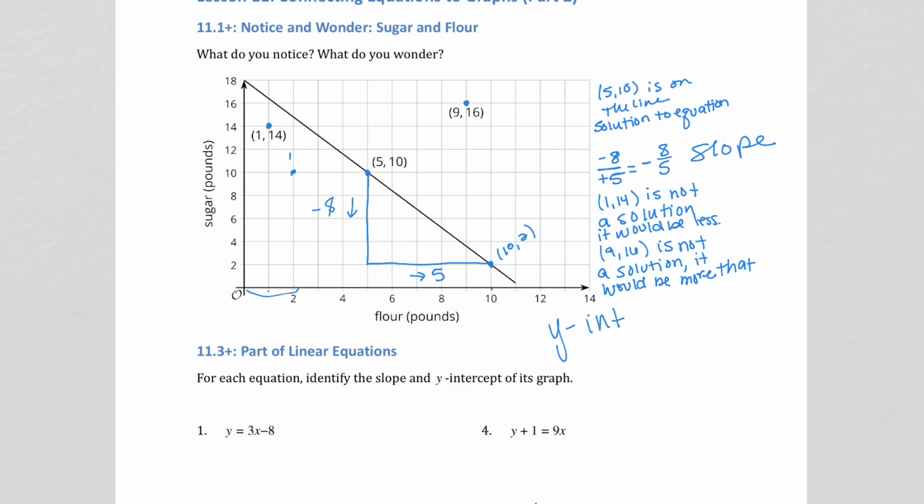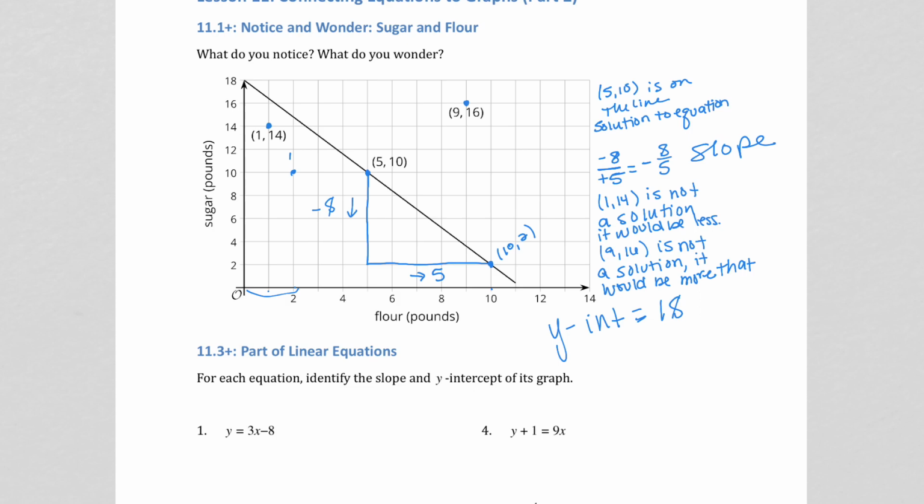Where does our line intersect the y-axis? Which one's the y-axis? The sugar. So where does our line hit that axis? 18.